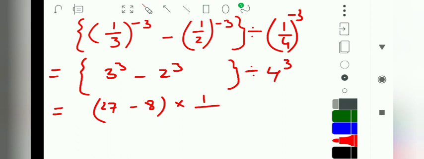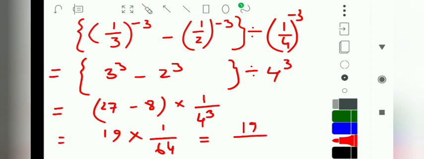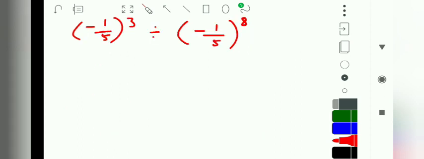So it will into 1 by 4 cube, reciprocal of 4 cube. Look at the bases.